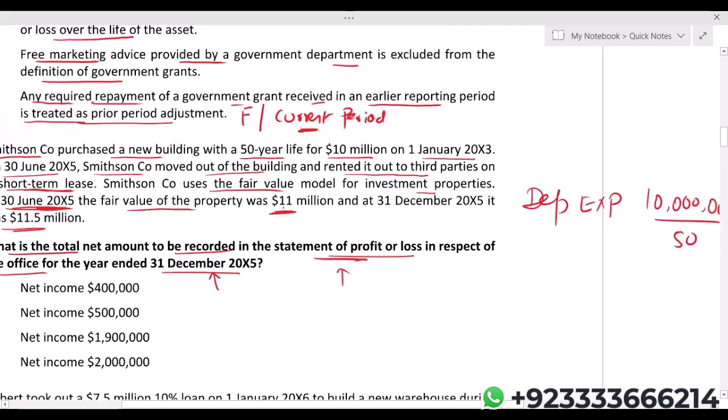And whatever is the difference between carrying amount and revalued amount is the revaluation surplus, and the revaluation surplus goes to OCI. The examiner is not asking what you have recognized in OCI, what the revaluation surplus is. The examiner is asking us the net impact in the income statement.